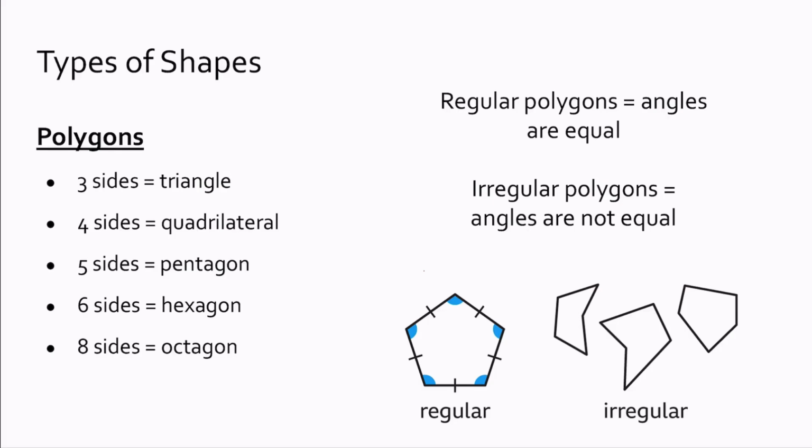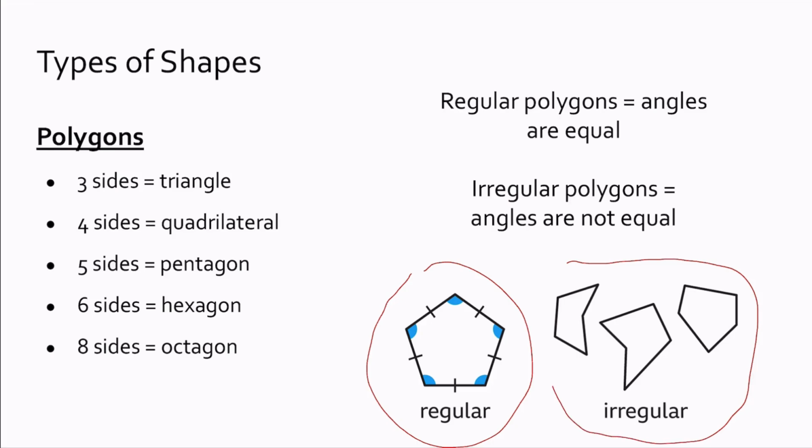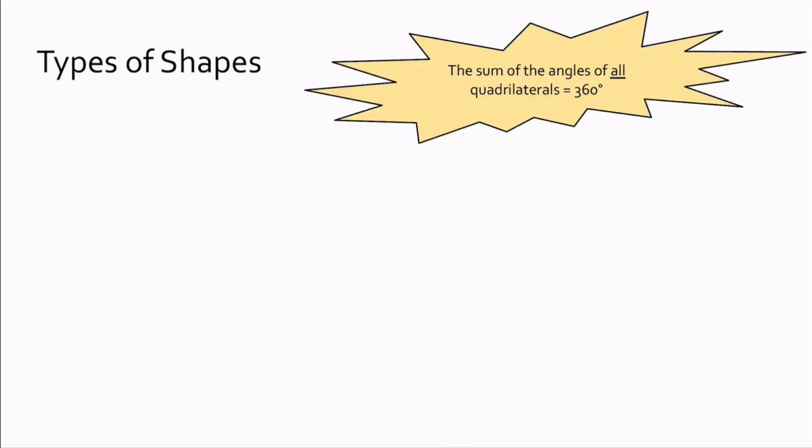Now we also have regular polygons where all of the angles are equal, and irregular polygons where the angles are not equal. Irregular doesn't mean they're bad, it just means all of the angles are not equal. Now, when we're looking at quadrilaterals, the sum of all of the interior angles of quadrilaterals is 360 degrees.